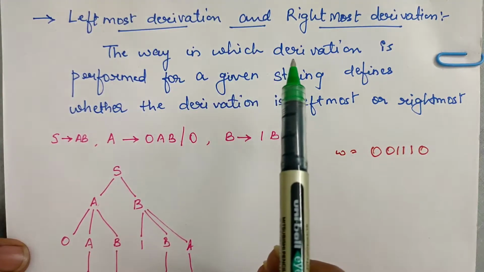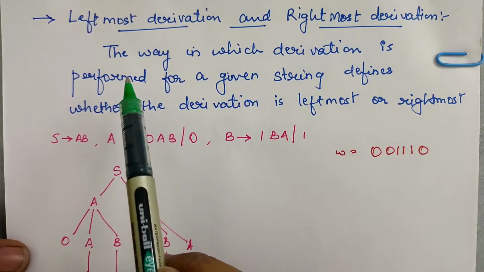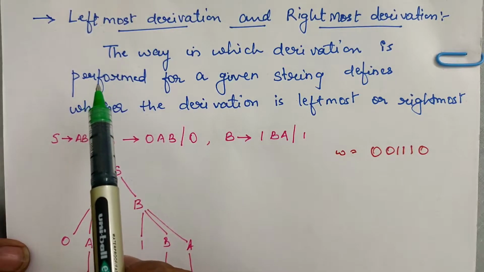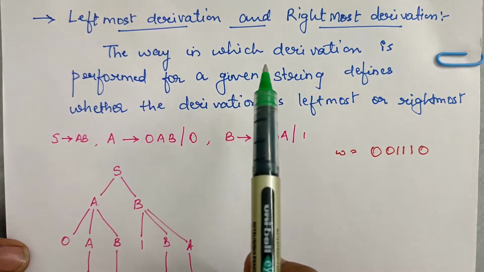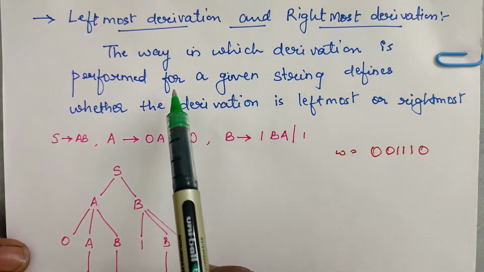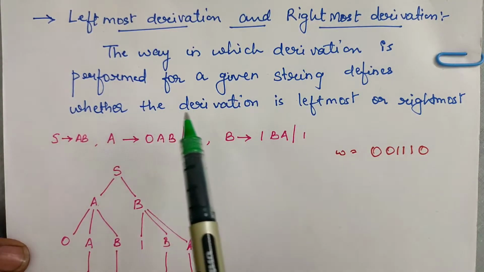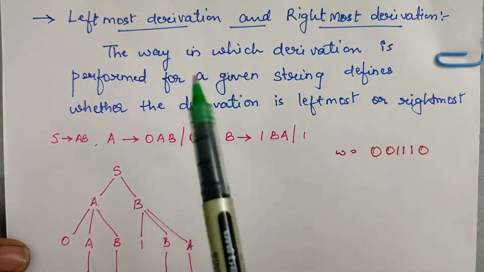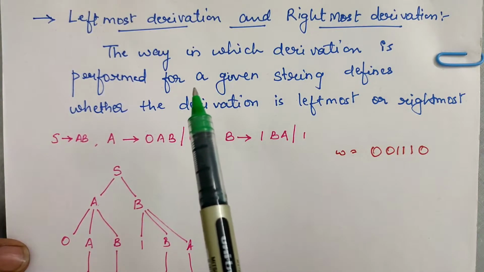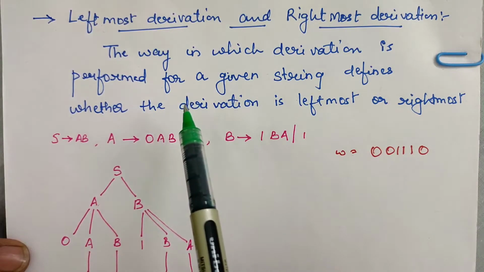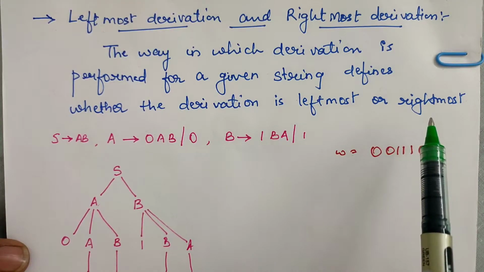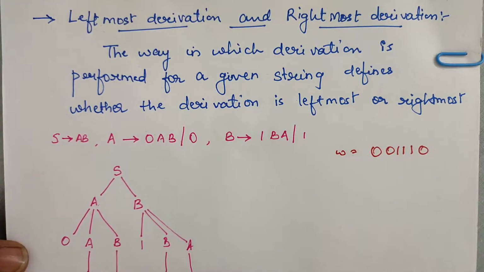The way in which the derivation is performed for a given string defines whether the derivation is leftmost or rightmost. Let us understand this with an example.